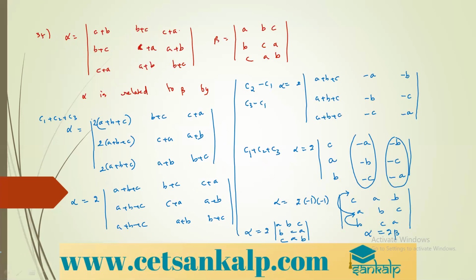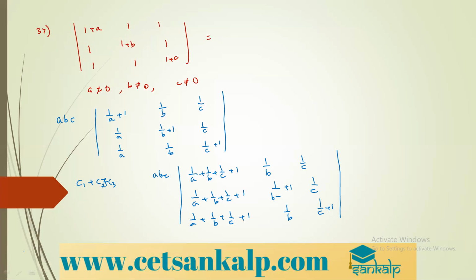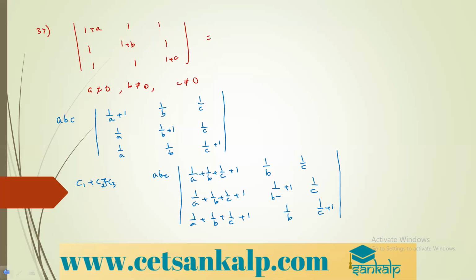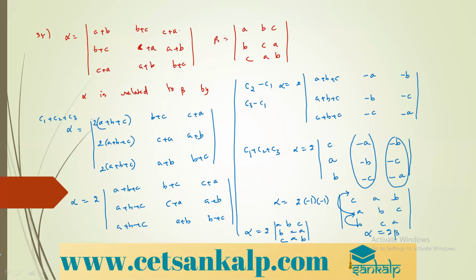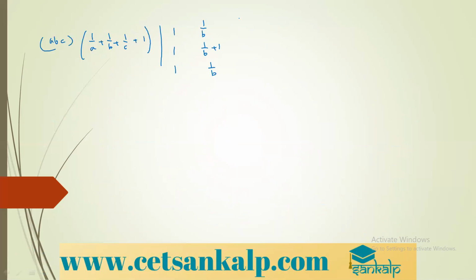Then I will have second column 1 by B, 1 by B plus 1, 1 by B. And third column 1 by C, 1 by C, 1 by C plus 1.